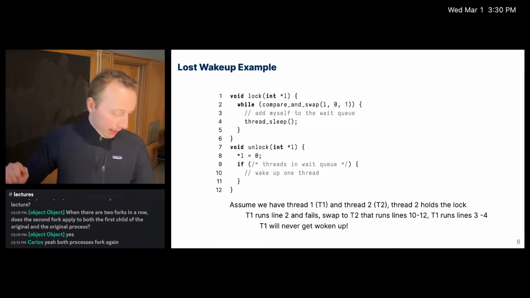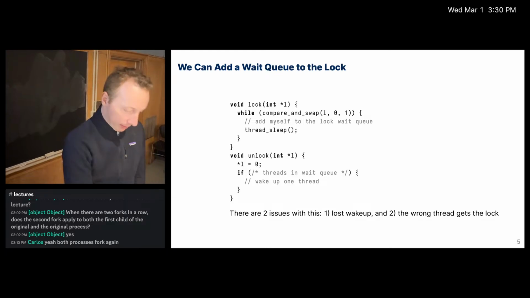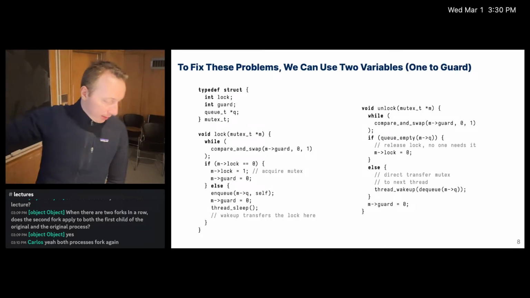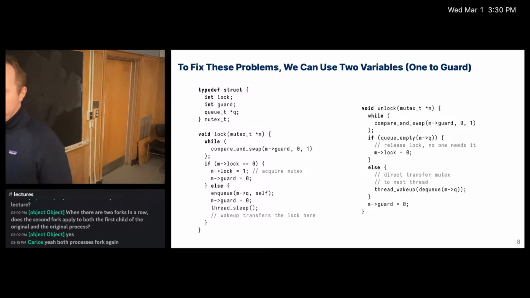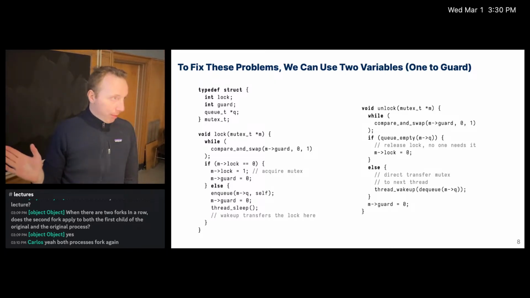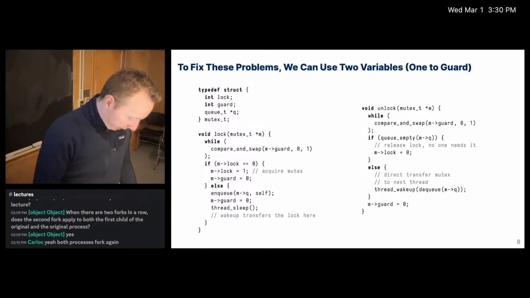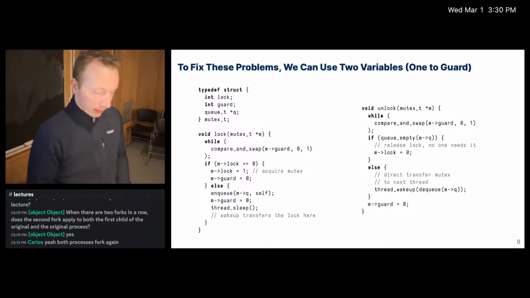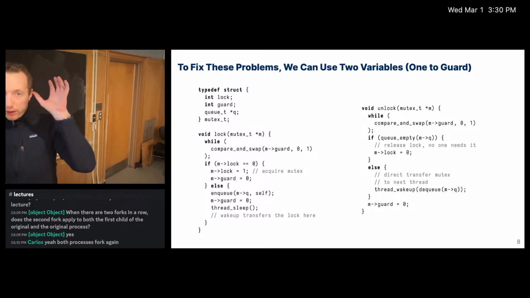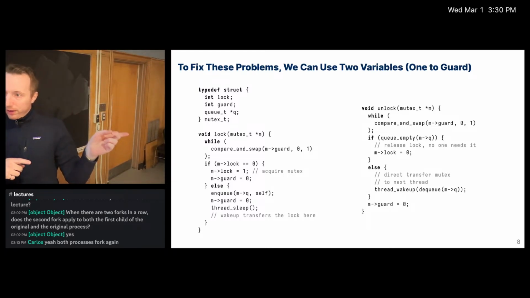Yeah, so the idea is I'm taking the previous code and fixing the lost wake up thing and the wrong thread getting the lock. So I prevented both of those this time because of this guard lock. Only one thread can do this at a time. So if I'm patiently waiting, nothing can swoop in because the problem was with the wrong thread getting the lock, when the thread with the lock just changed the value, then it context switched over to another one that was calling lock.